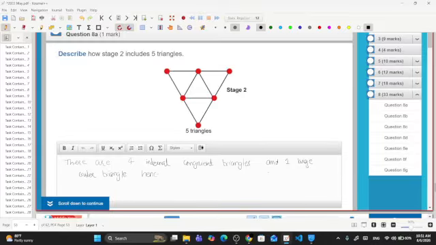Hence, totally 5 triangles. That's how we can write down our answer.